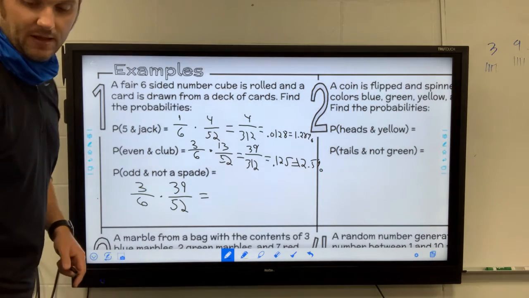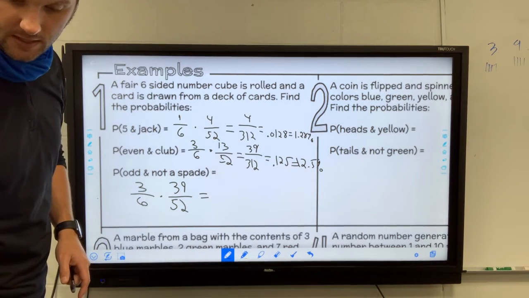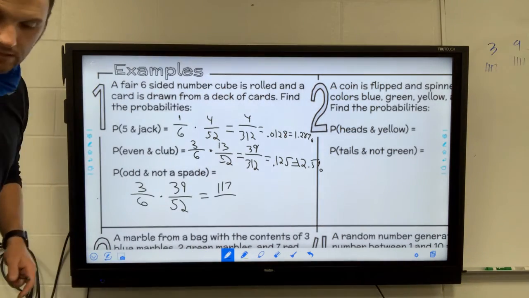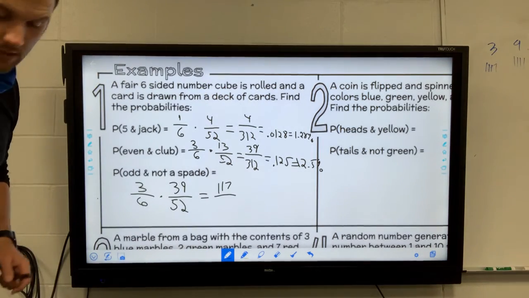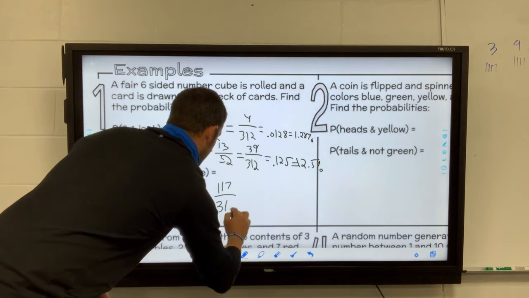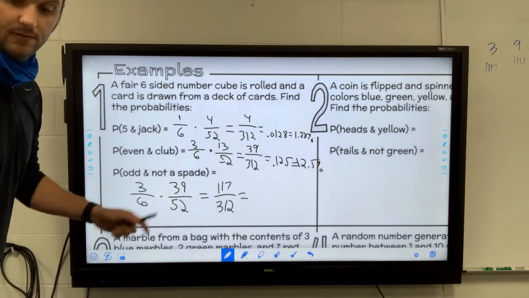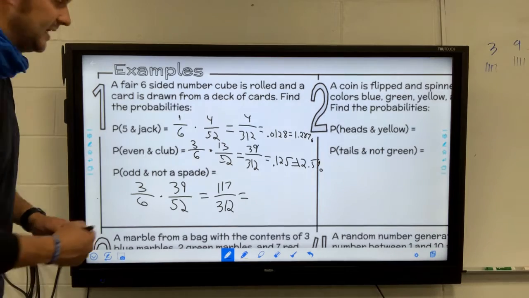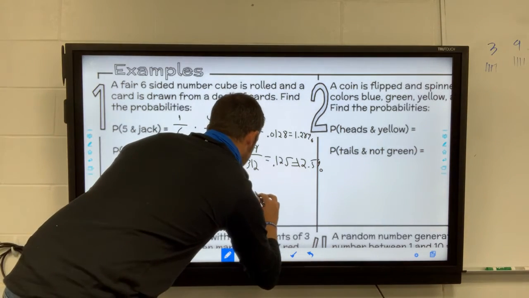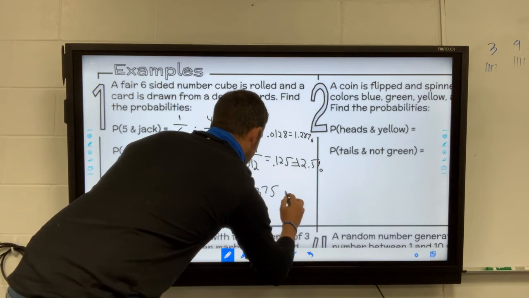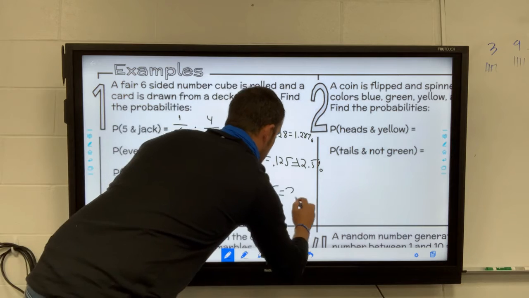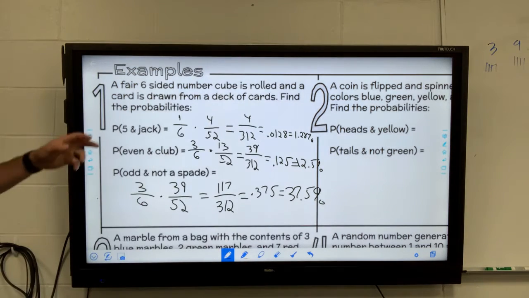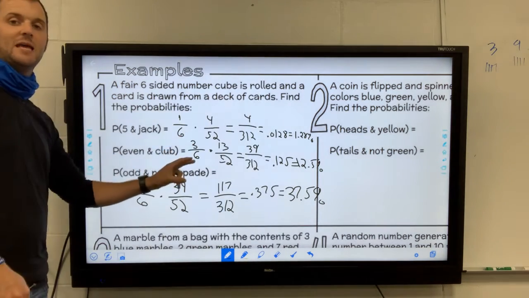Whenever I multiply this across, 3 times 39 is gonna give you 117, and 6 times 52 is gonna give you 312. And when I divide that as a decimal, that's gonna give me a 0.375 chance, which goes 2 decimal places, which is gonna be 37.5%.